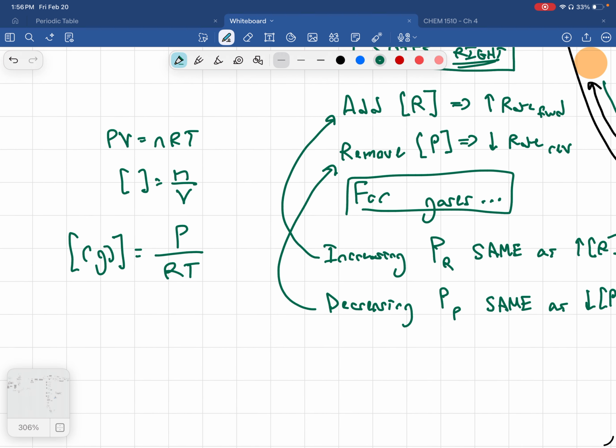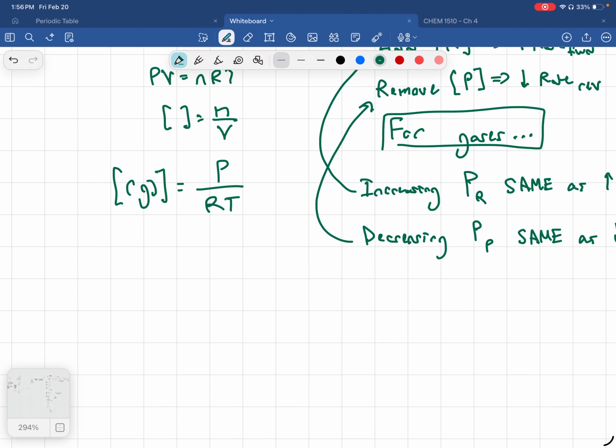Remember that the concentration of a gas is equal to the moles of that gas divided by the volume in liters of the flask, the vessel that it's in.